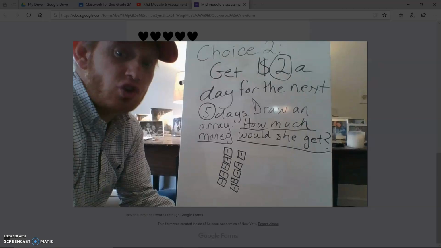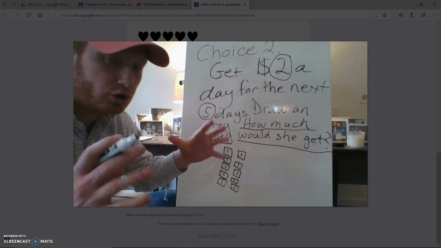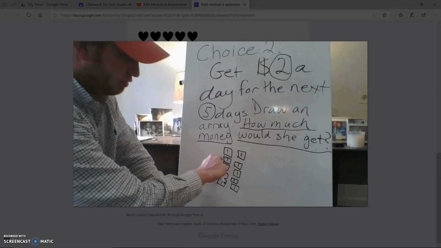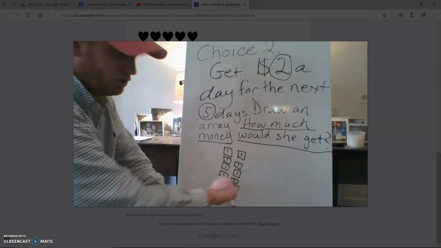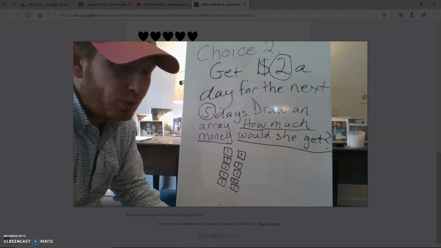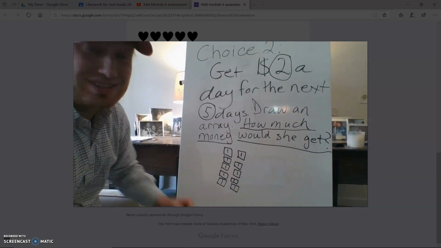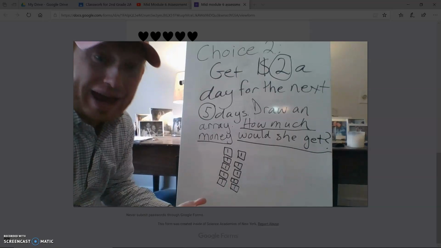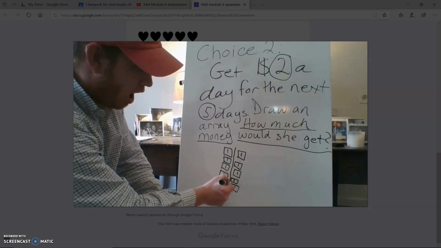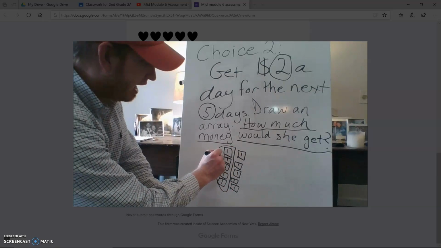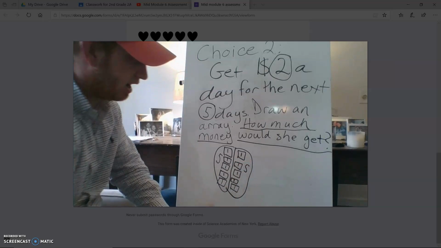So now we're going to solve the problem. Now we could do a big long equation where we do 2 plus 2 plus 2 plus 2 plus 2. But I see an easier way to do it. Instead of adding by the rows, which is kind of how I normally do it, but you don't have to, I'm going to add by the columns. So we have a column of 5 and a column of 5, right?